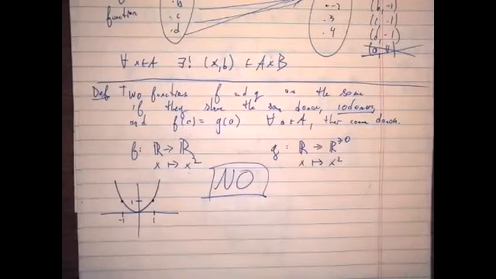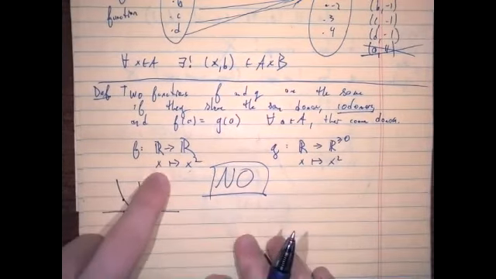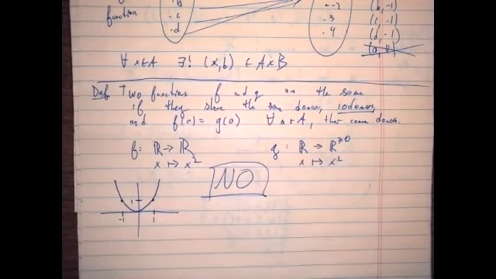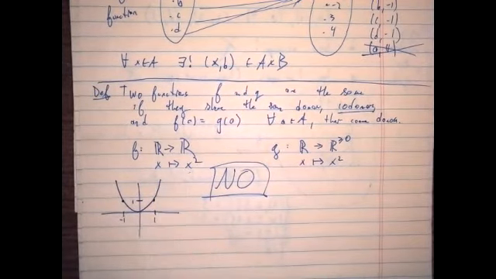So 1 is in the range of this function because I can find a real number such that when I square it, I hit 1. How about 0? Is 0 in the range of this function where I square the number?